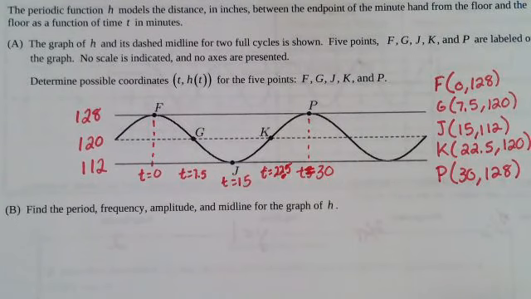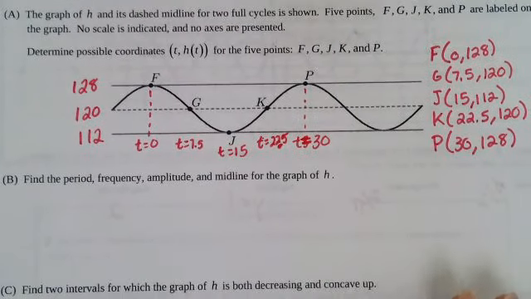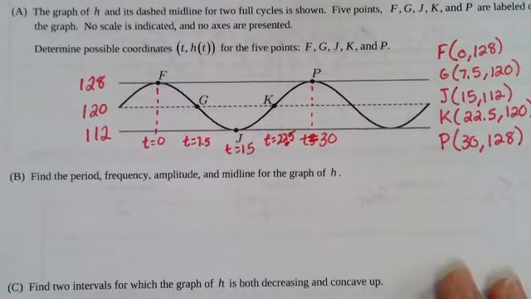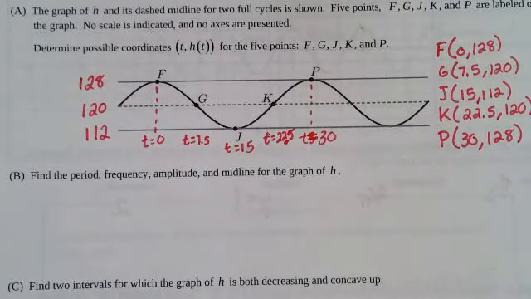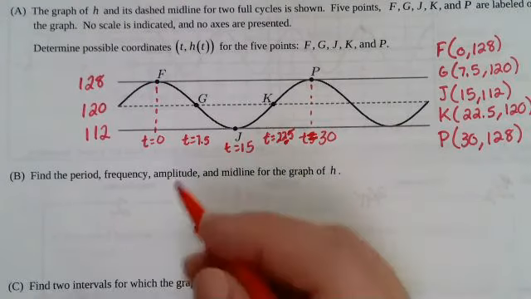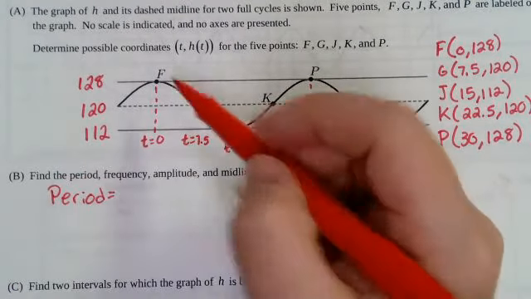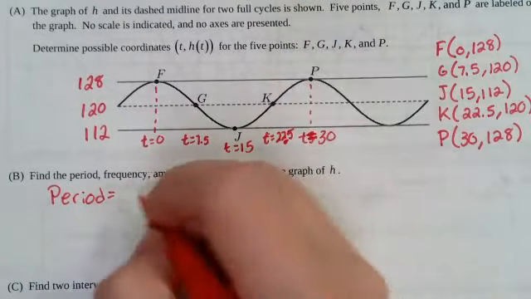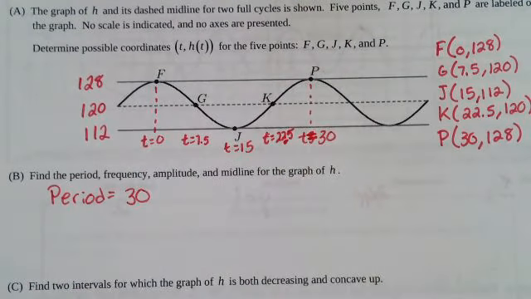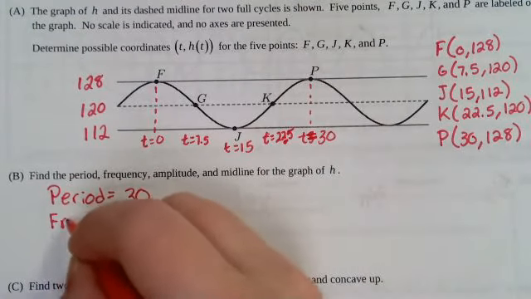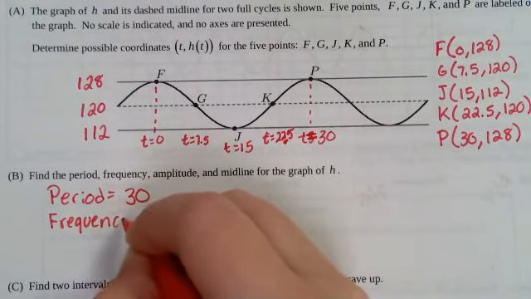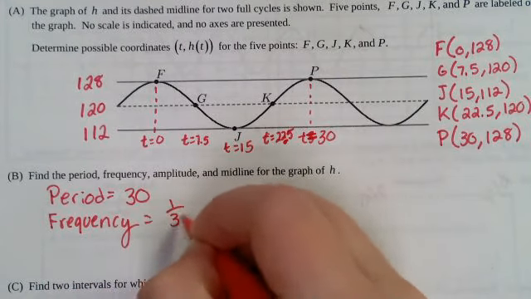Now this part is a little bit more like what we're talking about in this section. They said find the period, frequency, amplitude, and midline, so let's go in order. Period is how long it takes to complete a full cycle, which is 30 minutes. Frequency, remember, is just the reciprocal, so 1 over 30.